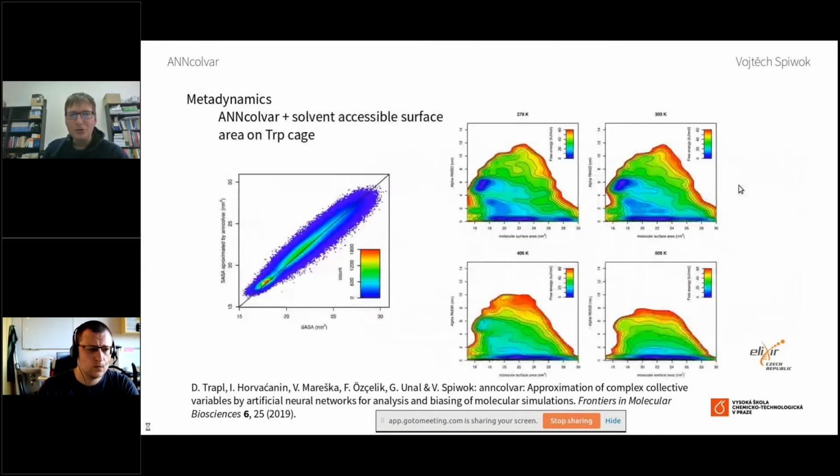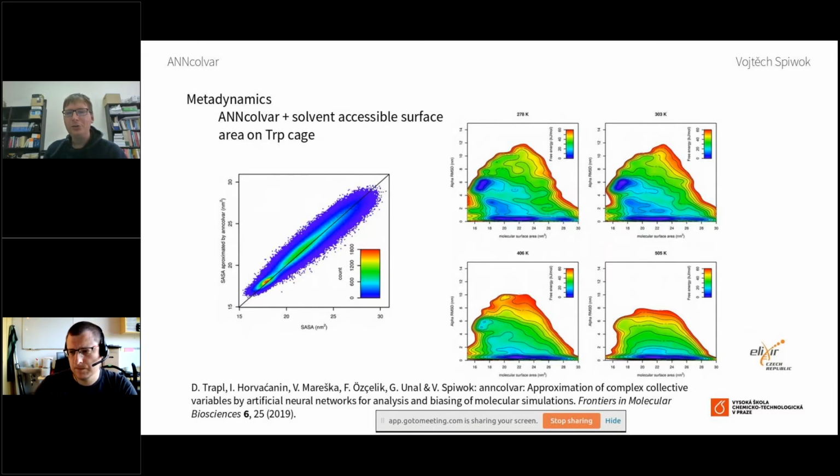So then we switched to some more complicated molecule, and we started with a mini protein called tryptophan cage. It is an artificial fast folding 20 amino acid mini protein. We took some long trajectory of this mini protein where there were some folded and unfolded states, and for each snapshot we calculated solvent accessible surface area by conventional method.